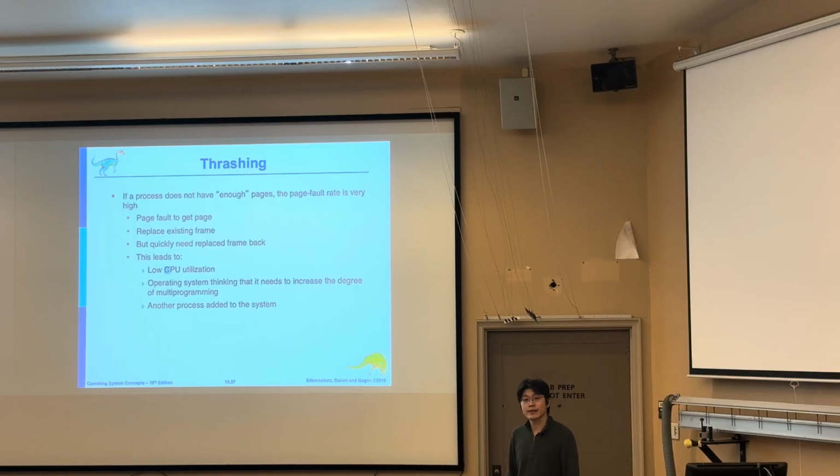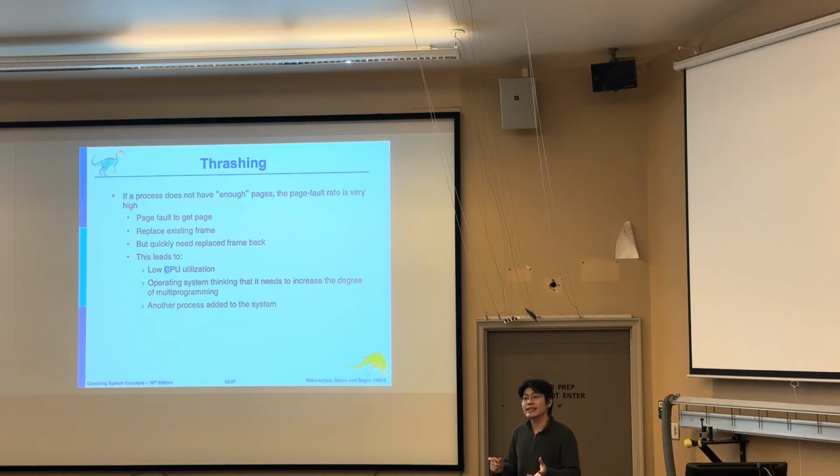Because the CPU is constantly blocking due to I/O, right. Swapping is mainly I/O, right? Suppose you have 100 processes, a large number of processes in your computer. Each one of them only gets a small piece of memory.